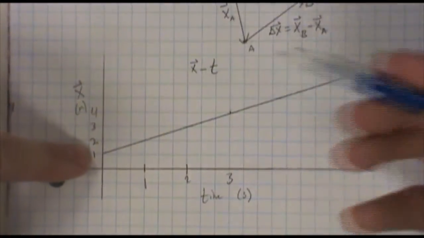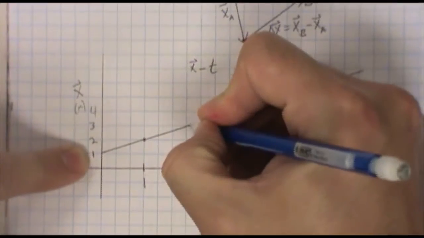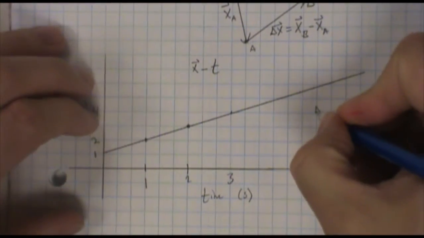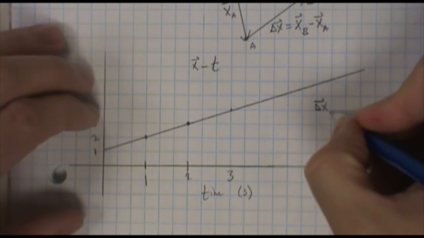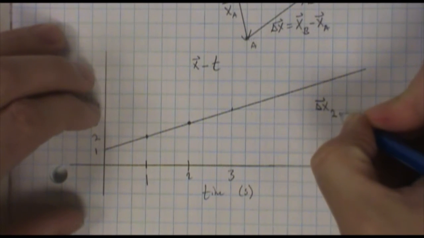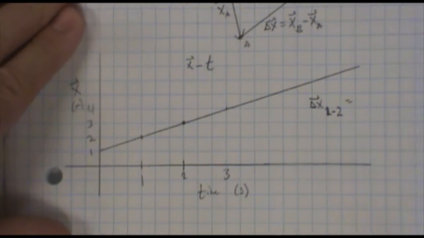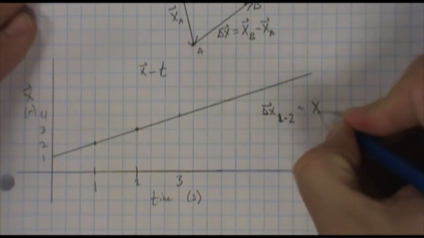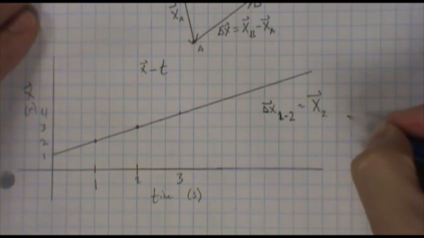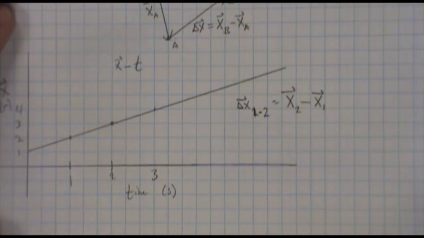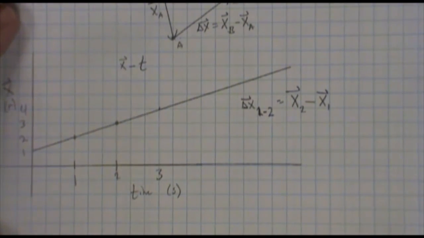If we look at the displacement between any 2 points, I can answer the question, what is the displacement from 1 second to 2 seconds? Well, displacement is the concept of change in position. So I take the position at 2 seconds and subtract off the position at 1 second, and that gives me my displacement.